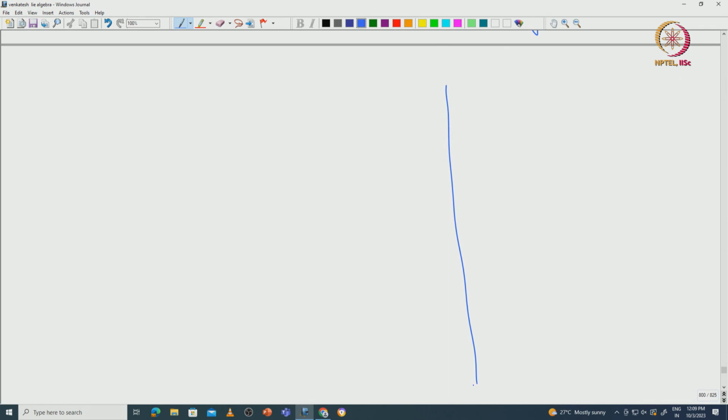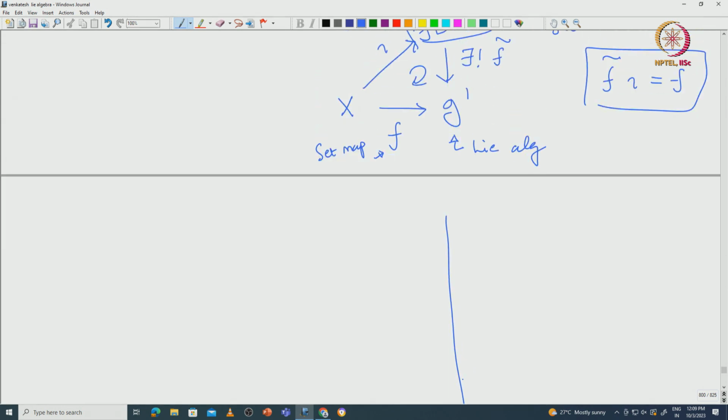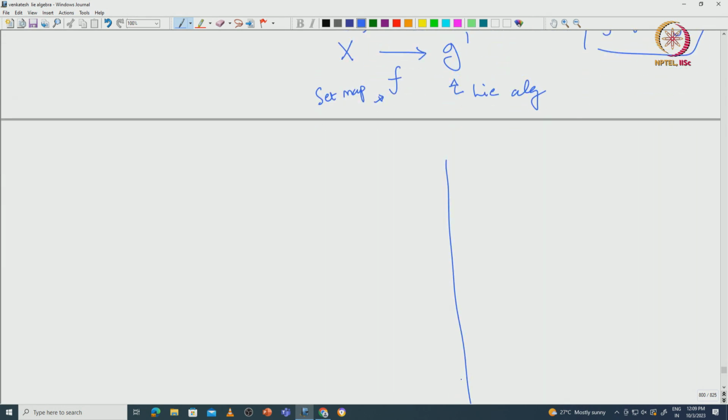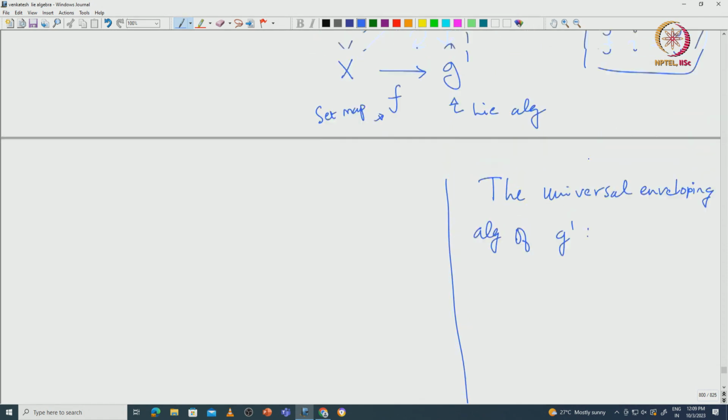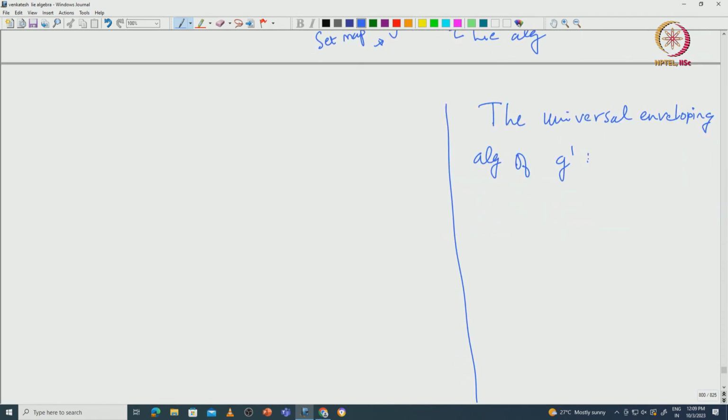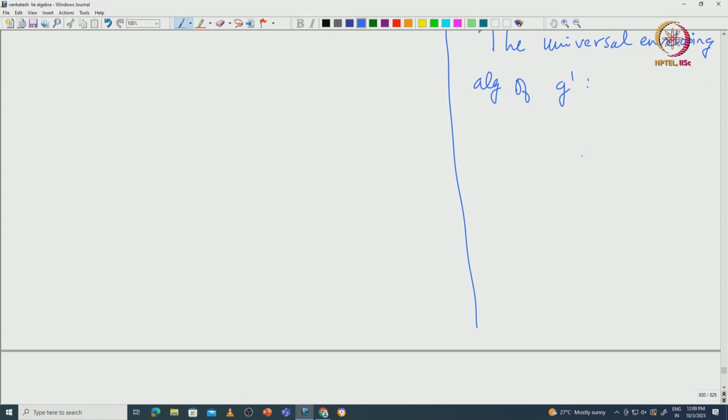In some sense, this is what motivates us to define at this point what is called the universal enveloping algebra. Given a Lie algebra g dash, we want to talk about its universal enveloping algebra.